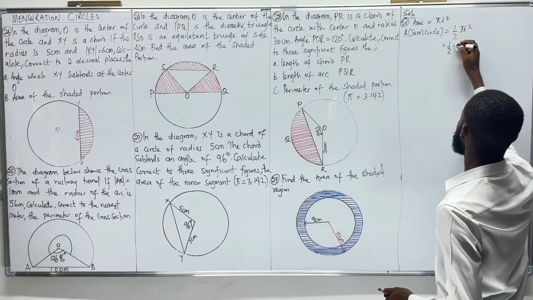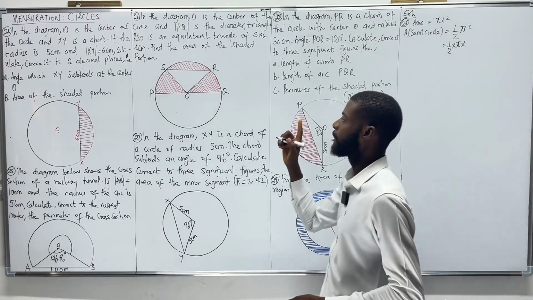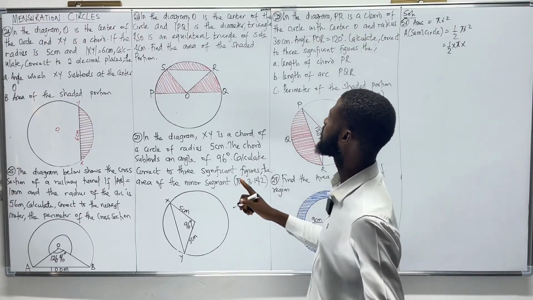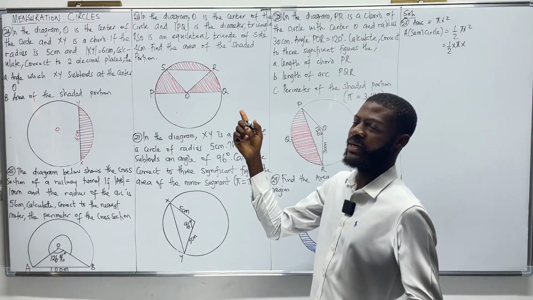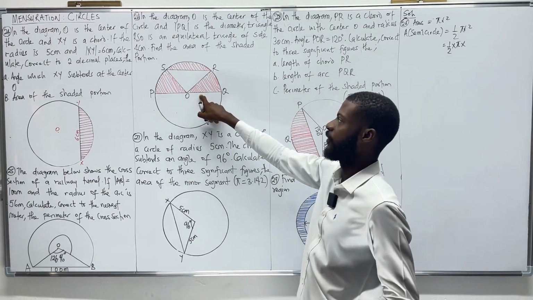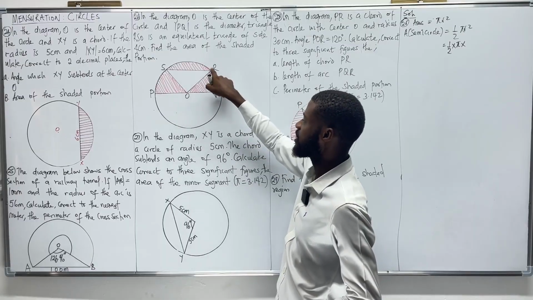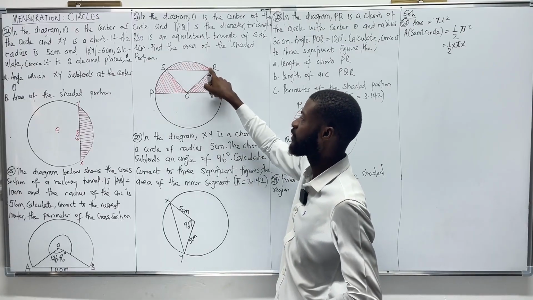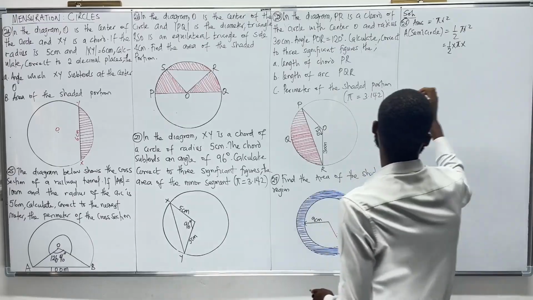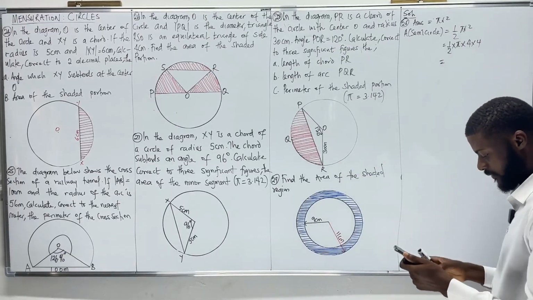So this will be half times pi times the radius. In this case, you can see that we're not given the radius, but the radius is going to be 4. Why is the radius 4? If this is an equilateral triangle, it means from this point to this point is 4. And this point to this point is actually the radius. So that's 4. So that will be half times pi times 4 times 4. I'm just going to use a calculator for that.